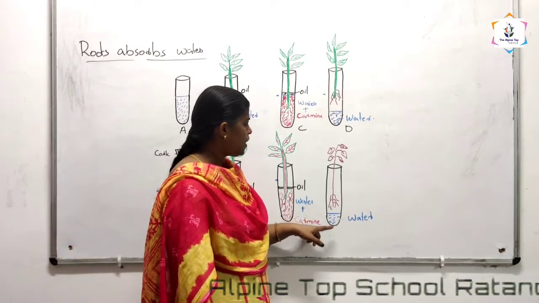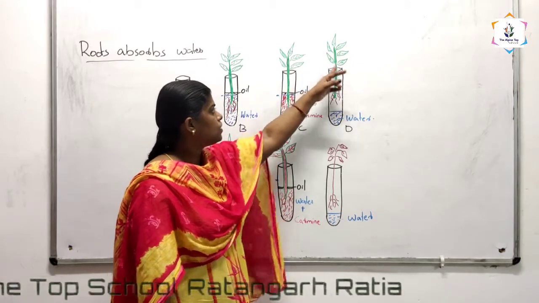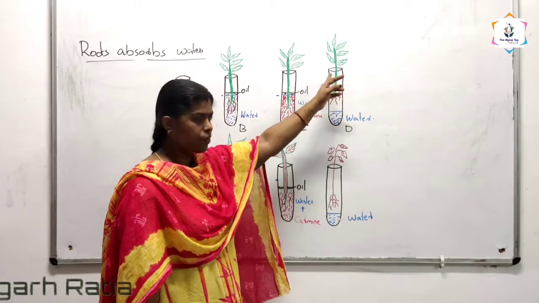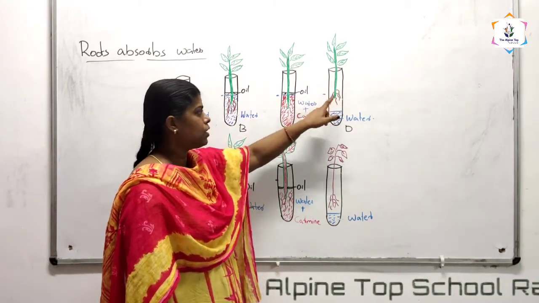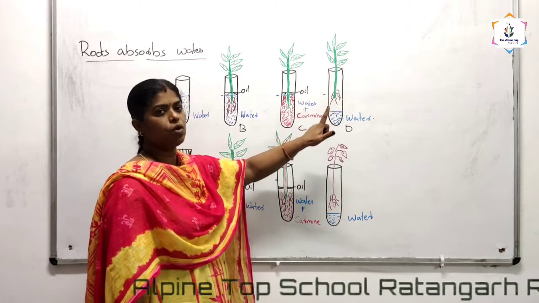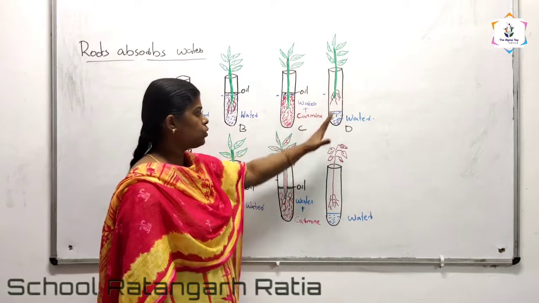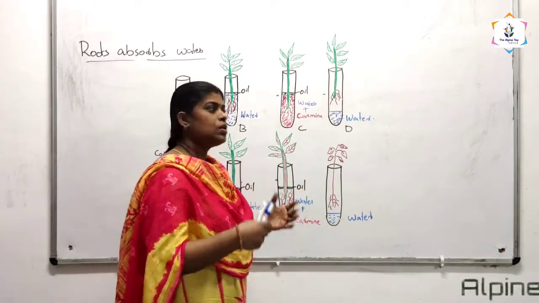And what about the D tube? We have seen that at the time when we put this plant inside, it was fresh. There is a gap between the water level and the plant, meaning the roots were not touching the water, so it didn't get the water. Since it didn't get the water, the plant started to wilt, otherwise it will shrink.